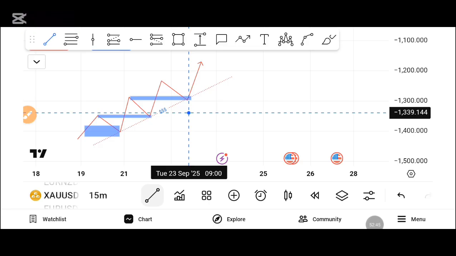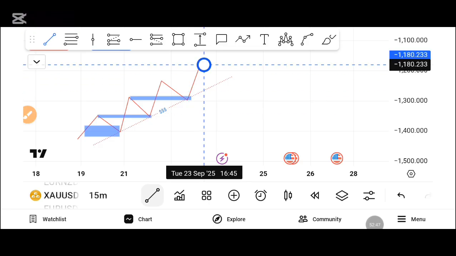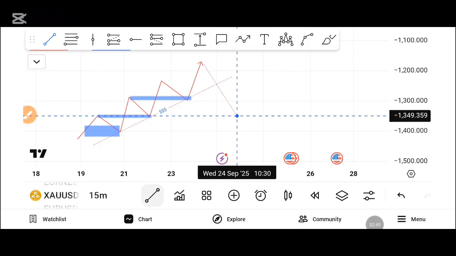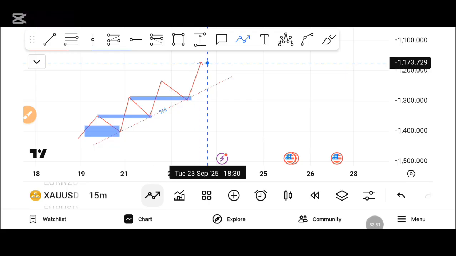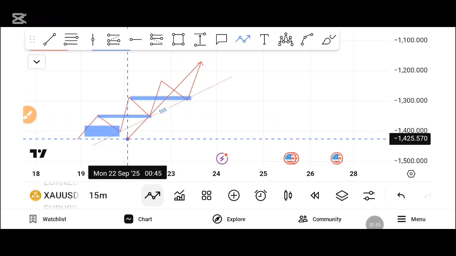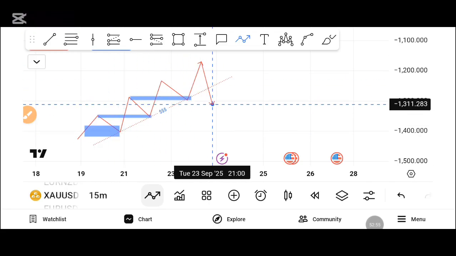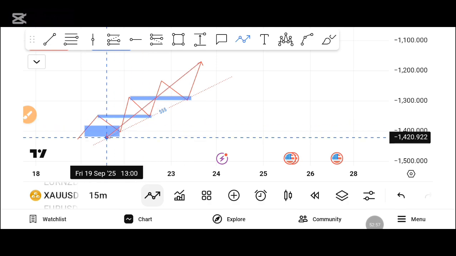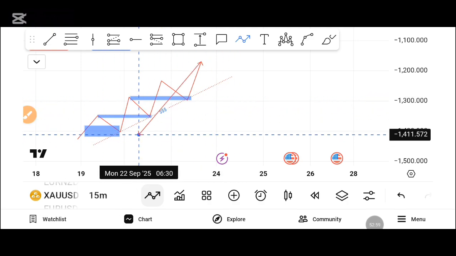You can see a big massive push to take out all these orders that have been placed at this point.